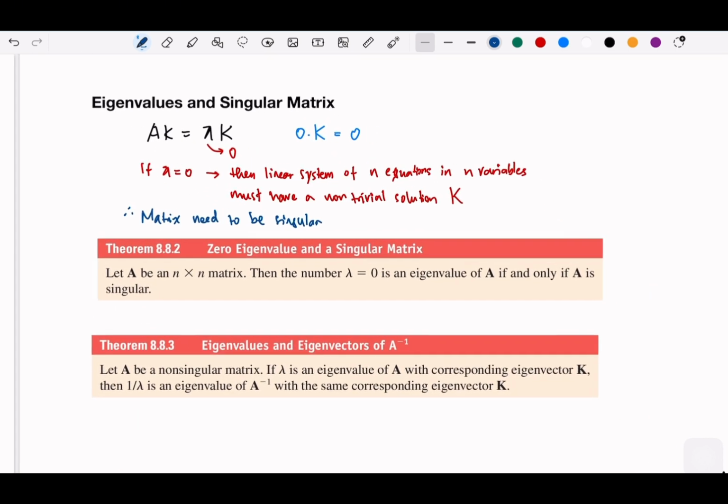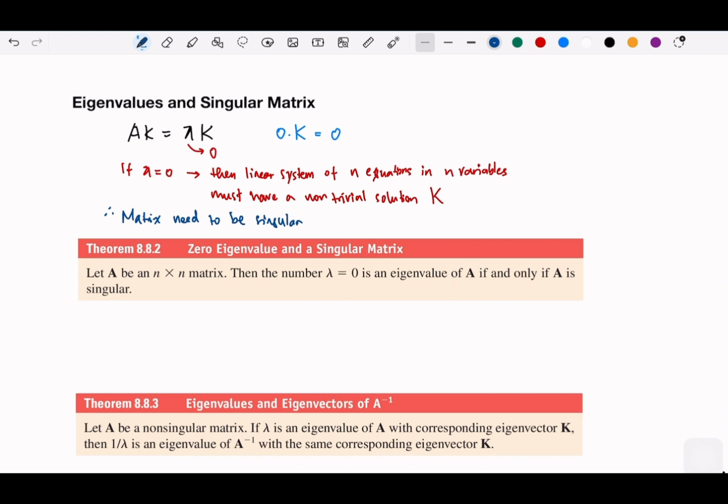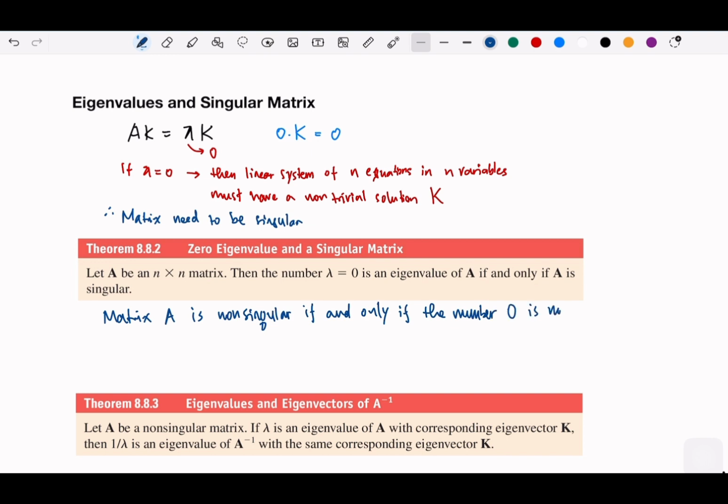Or if you want to write this singularity in a different way, matrix A is non-singular if and only if the number 0 is not an eigenvalue of A.